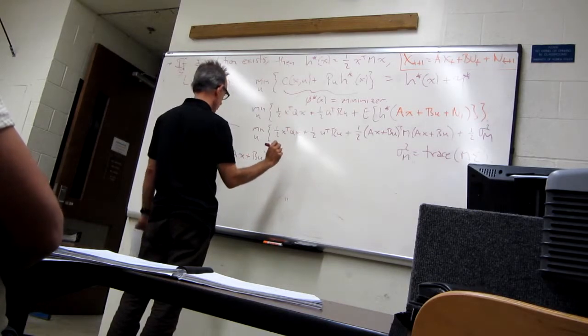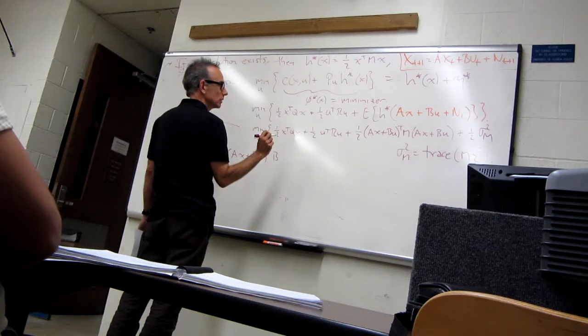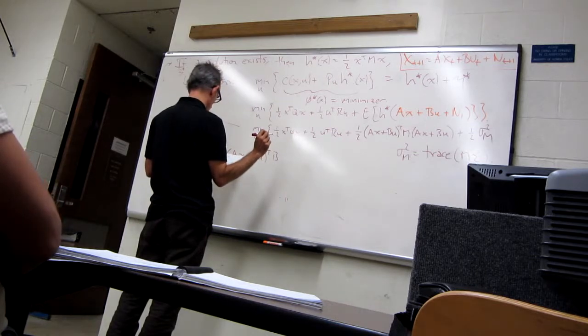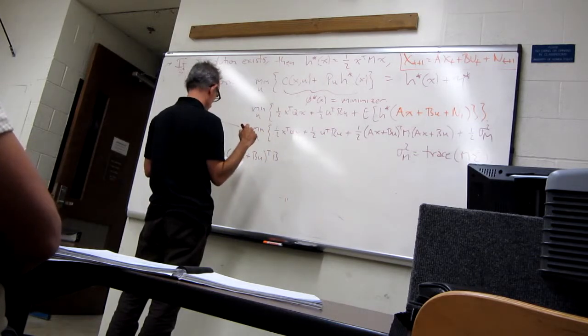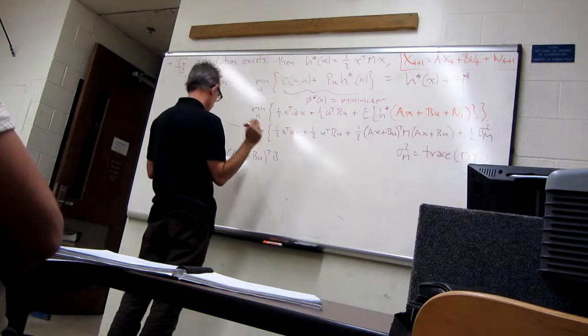Oh, wait a second, that's transposed. I want column vectors. Look at this mistake. Oh yeah, I flipped it around. I'm taking the derivative and not the gradient.